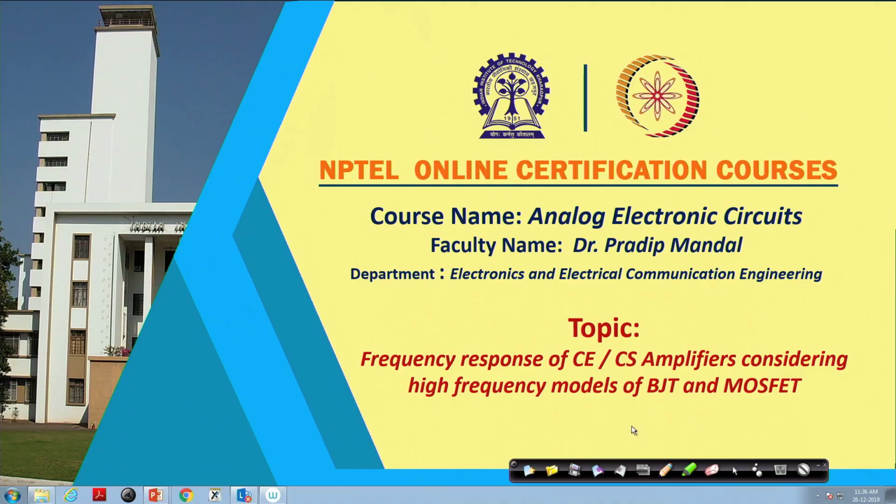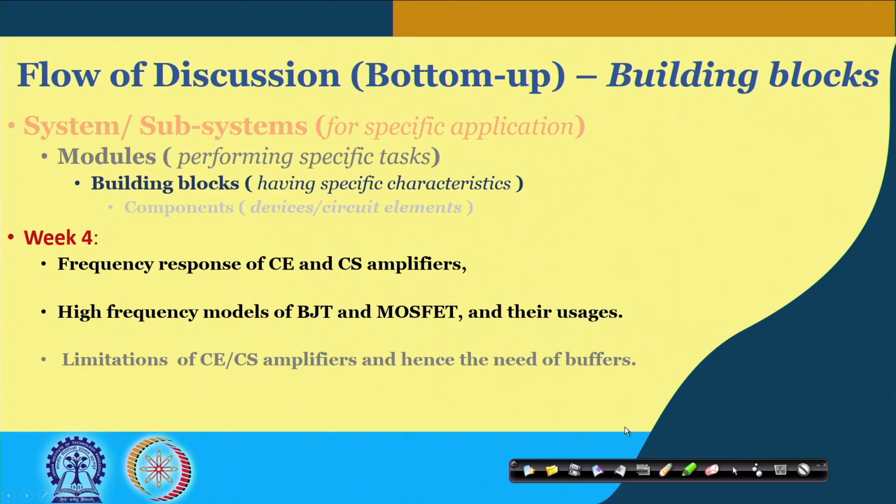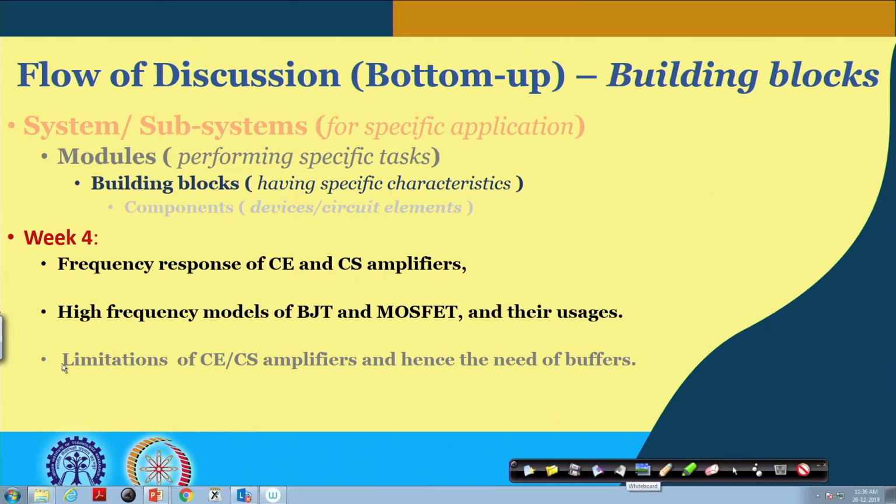Compared to our overall flow and plan, where we stand today is module 4. We have done quite an extent about the frequency response of common emitter and common source amplifiers. Today we will be extending that to frequency response considering the high frequency model of BJT and MOSFET transistors.